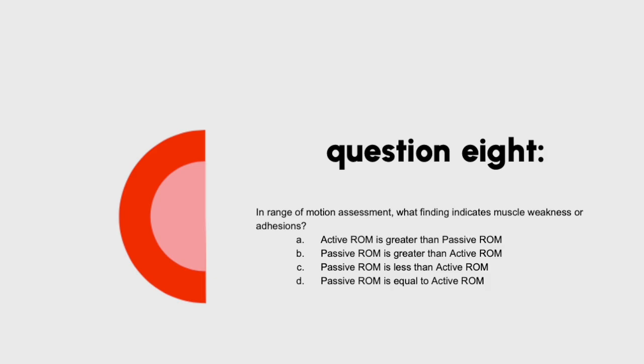In range of motion assessment, what finding indicates muscle weakness or adhesions? A. Active range of motion is greater than passive range of motion. B. Passive range of motion is greater than active range of motion. C. Passive range of motion is less than active range of motion. Or D. Passive range of motion is equal to active range of motion.